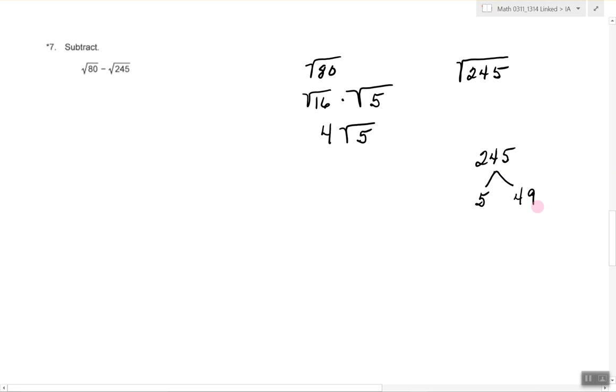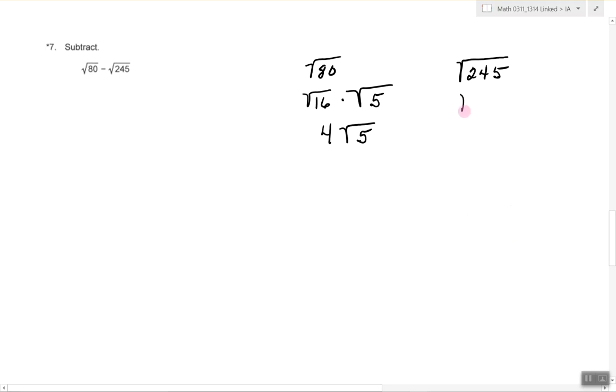You could grab your calculator. I knew it was divisible by 5, and I know 5's not a perfect square, but I was hopeful that maybe the other factor would be. So I got my calculator and divided that by 5, and it goes in there 49 times, and that's my perfect square. So I worked a little backwards on that one.